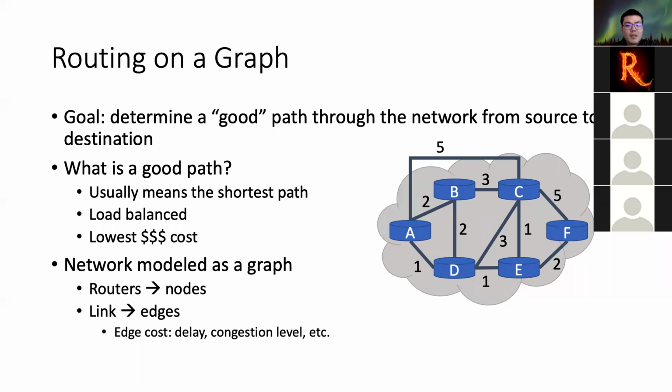At least you have a propagation delay, and you have the bandwidth, how fast you can push onto the outgoing port. So there's a delay and a congestion level. Usually, load balance will be achieved automatically in your interior routers, because if a lot of traffic goes through a link, the time will grow, and then naturally the shortest path will reflect that.